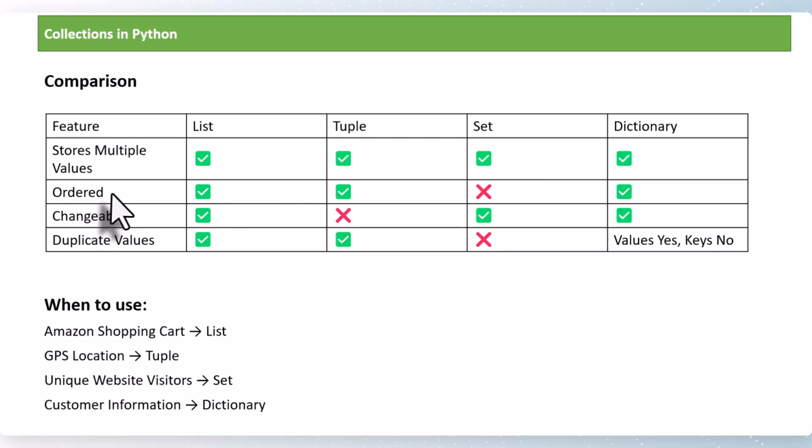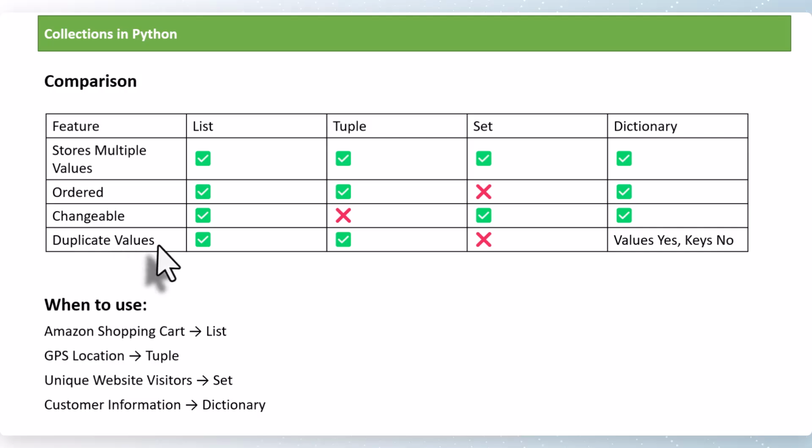When coming to ordered, list is ordered, tuple is ordered, dictionary is ordered, but set is unordered. There is no order in the elements. When you take the mutable property, list is mutable, we can change the elements. Tuple is immutable, we cannot change the elements. Whereas set and dictionary are mutable, we can change.